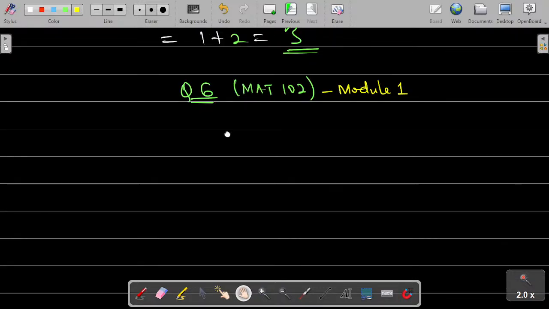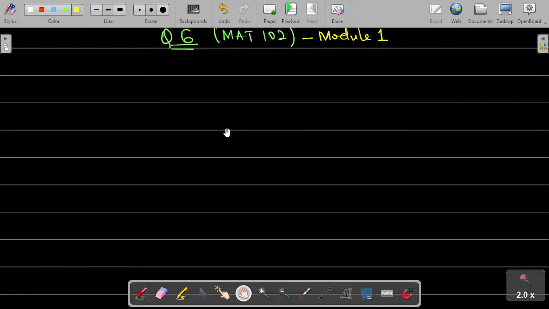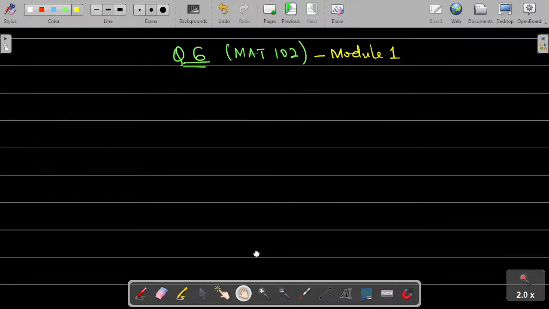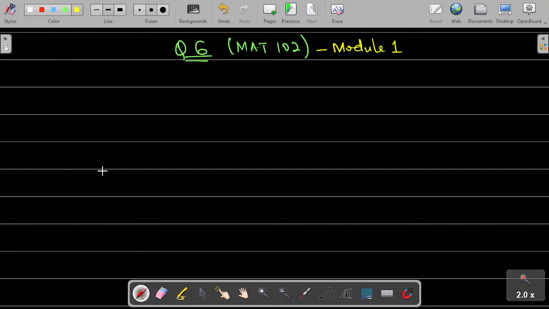What is in question 6? Let me write it out. It says evaluate the limit.